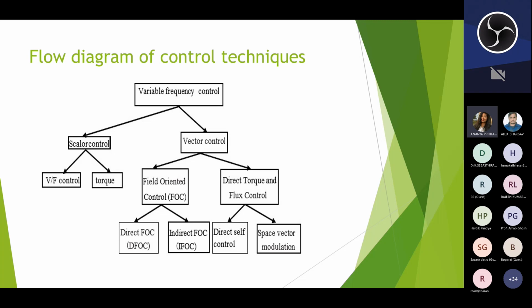Increase in frequency means synchronous speed will be increased. No change in stator voltage is required for that frequency. And air gap flux and rotor current will also decrease. As a result, the torque developed will also be reduced with the variable frequency technique. So that's why I have gone for V by F control.